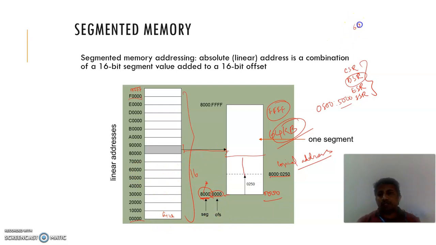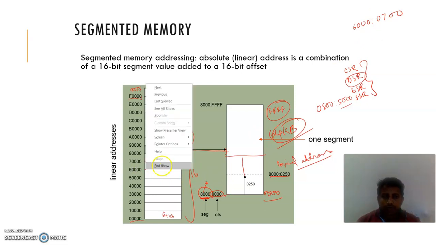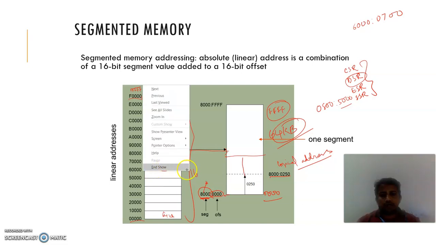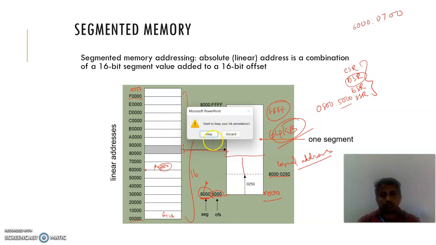If I represent this address 6000:0700, then from 6000, when I take this point, it starts from there and extends to 0700. The starting offset address will start with 0000, and then it will proceed further.